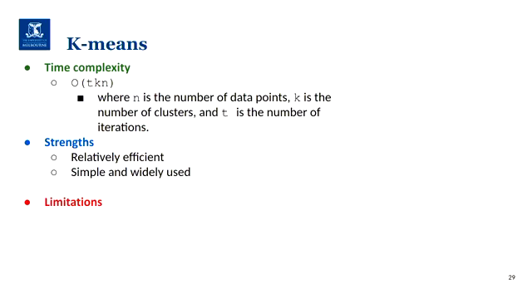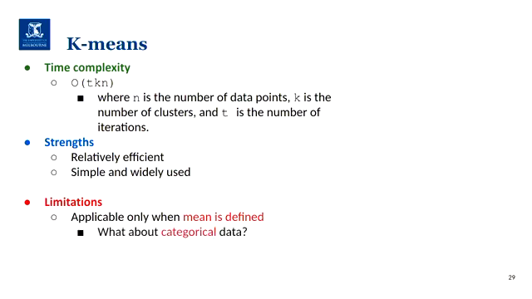Okay? It's quite simple. And of course, the main limitation of k-means is that it's only applicable when the mean is defined. When is the mean not defined? The mean is only defined when we have numerical data. When we are counting k-mers, we have the actual number for which we can compute an average. How do you average a cellular location?